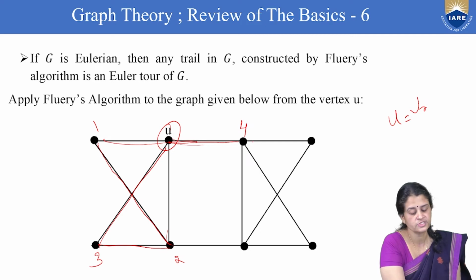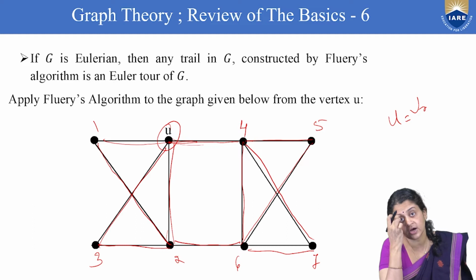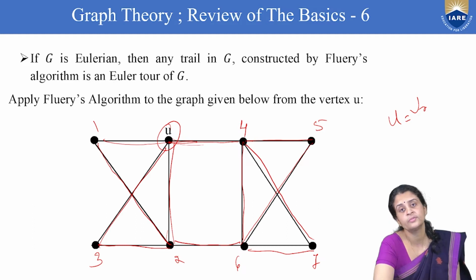From here I go to 5, then 6, then 7. From 6 to 7, 7 to 4, 4 to 6 again, using this edge, and again this edge. This gives an Eulerian trail starting from U.